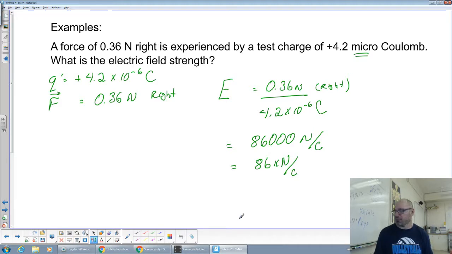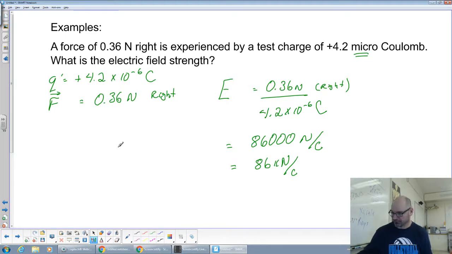So that's a pretty straightforward one, just using straight division, finding the electric field strength. Of course, they can give you a field strength and a test charge, and you have to find the force that it's experiencing.